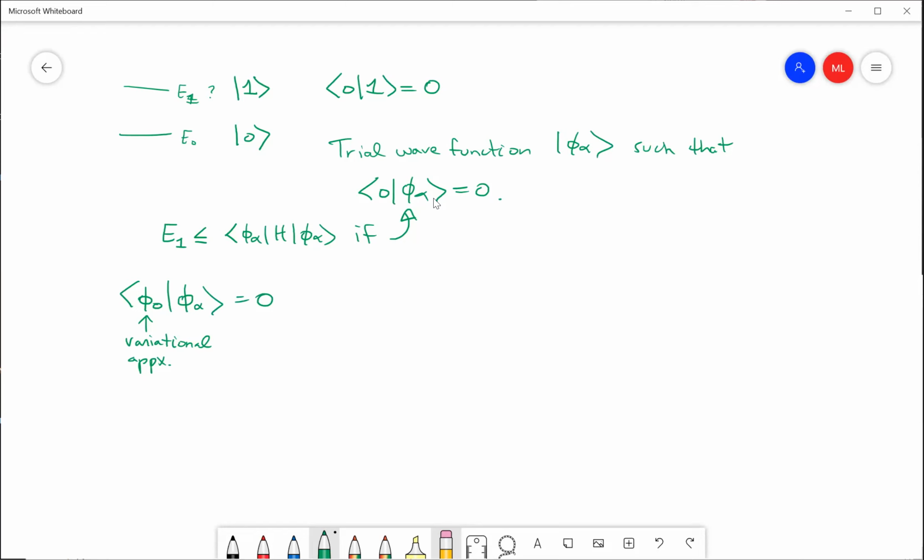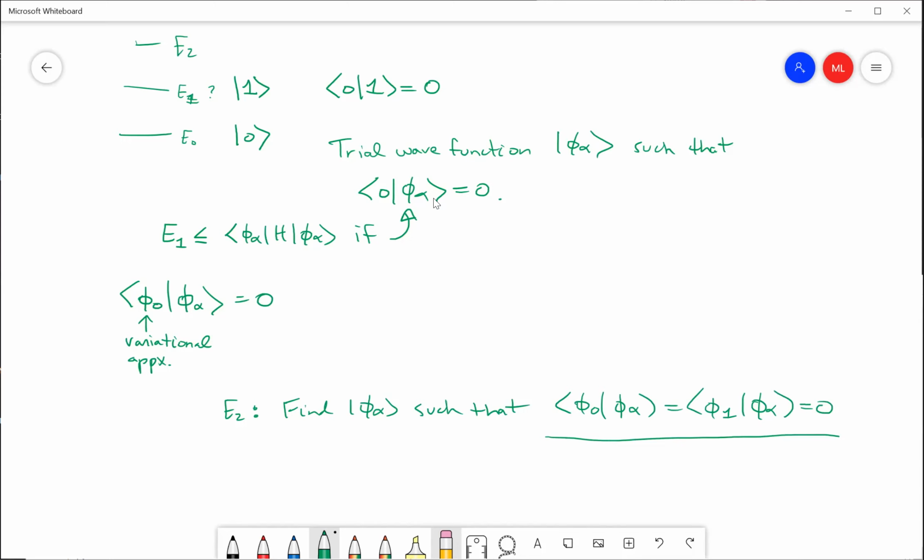And then for the next one, if you want to do the next state, for E2, you would just find a trial wave function such that it's orthogonal to both your trial wave function for the ground state and your trial wave function for the first excited state. You would just find something like that. So that's how you do it.